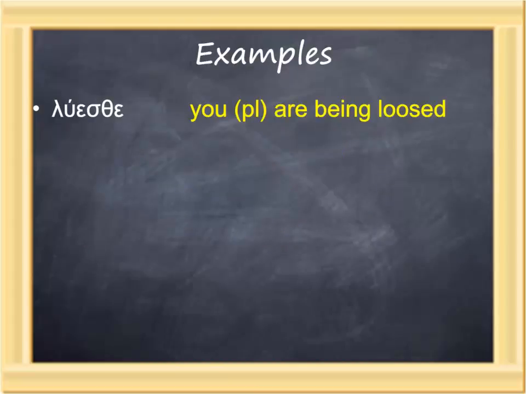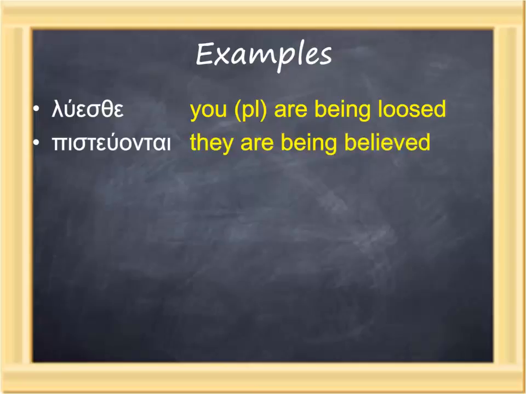Now that we know some forms, let's try translating. Luesthe, second person plural, present passive. You plural are being loosed. Pisteuontai, the ntai is the third person plural ending. They are being believed.